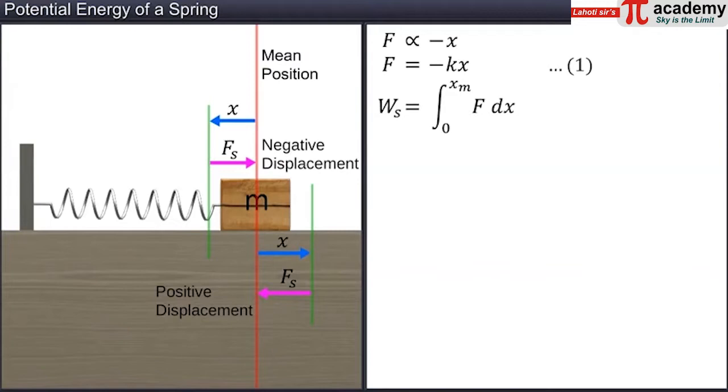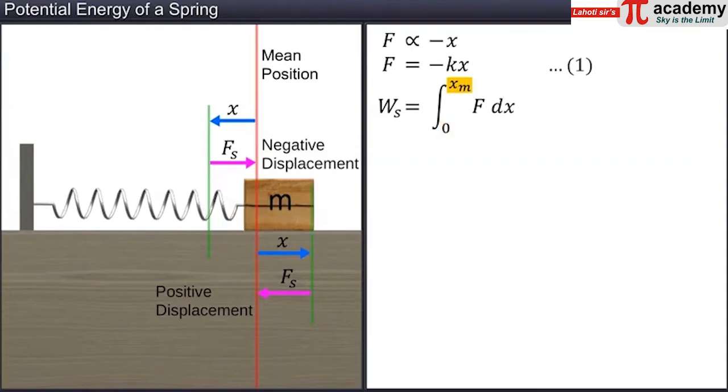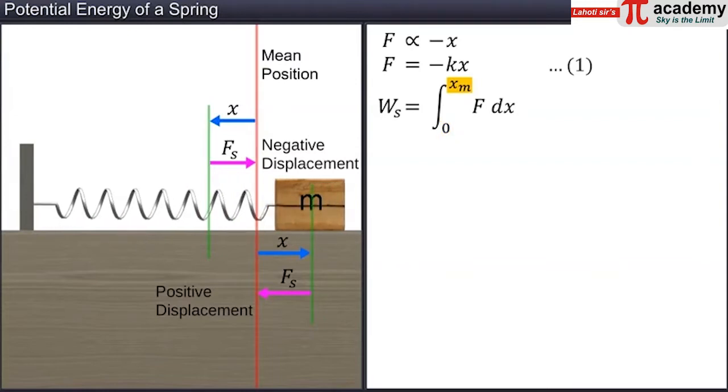Work done W by the spring force is denoted by the expression integral F dx in the limits 0 to xm, where xm is the maximum displacement of the spring. Let this be equation 2. Since the spring force F is equal to minus kx, we get W is equal to minus integral kx dx in the limits 0 to xm.